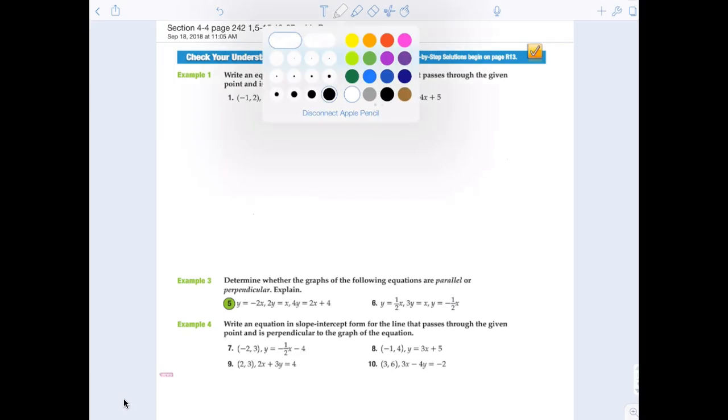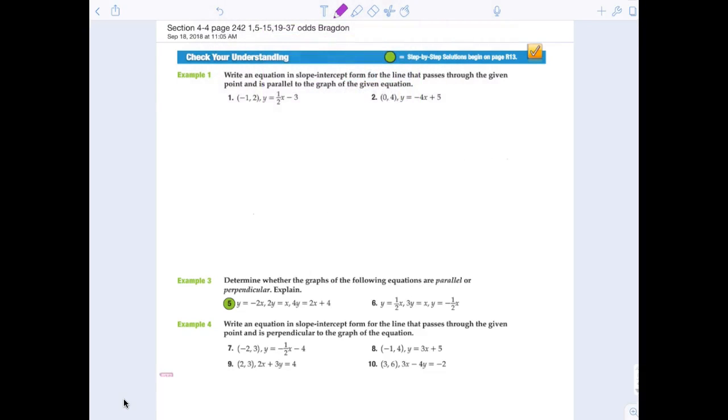Now what I want to do is, I just want you to take out your calculator so I can show you something. Under y1, I want you to type in 3x plus 2. And under y2, I want you to type in 3x minus 4.